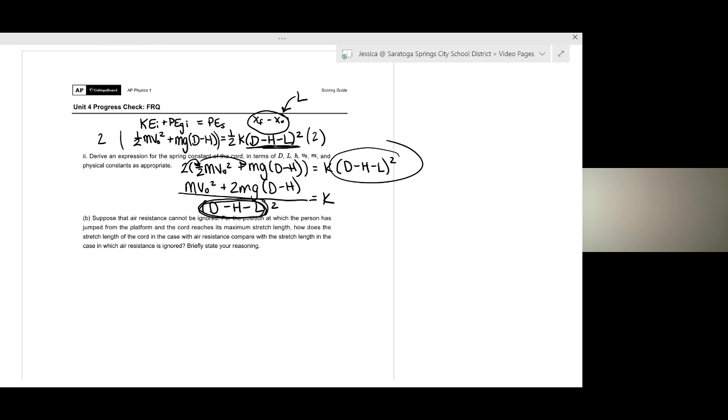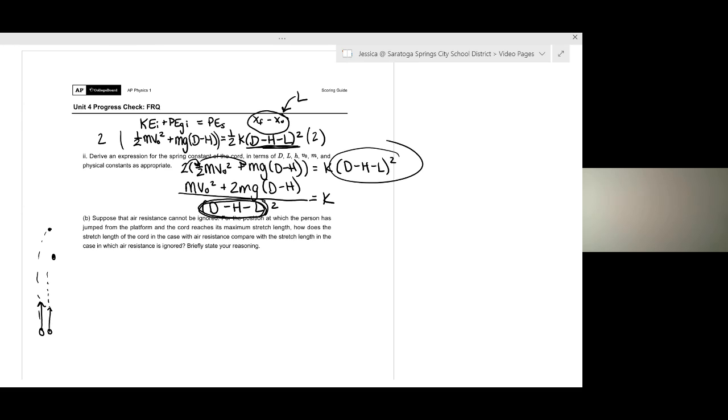Okay, so thinking about this in terms of springs can be a little bit tricky, right? Like, how does air resistance affect a spring? So let's just think about it in terms of a ball thrown straight upwards. So let's say without air resistance, the ball goes to this height H, okay? Well, we know that air resistance exists, and the ball is going to go less high because air resistance is essentially friction, and friction can do work on our system, which means we are going to lose energy as the object travels, okay?